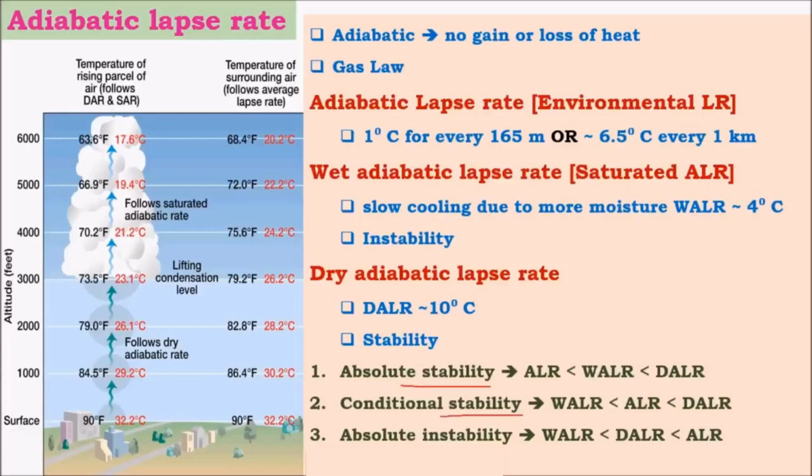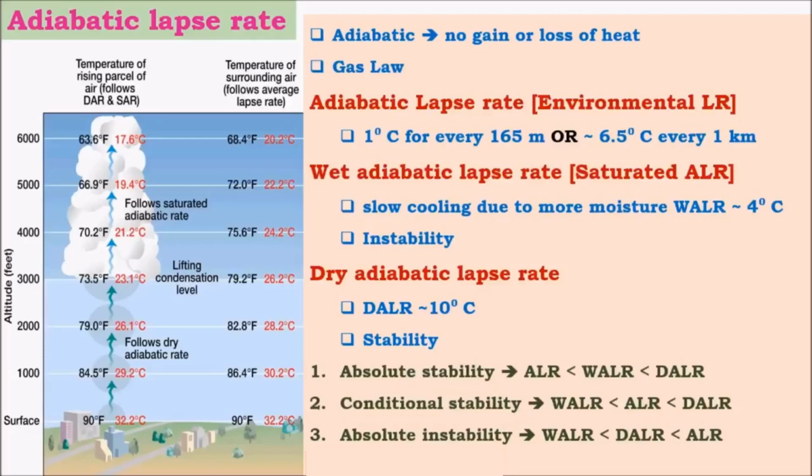When we come to conditional stability, here the adiabatic lapse rate lies between the dry adiabatic lapse rate and the wet adiabatic lapse rate. It simply means that there is a certain amount of moisture in the air which is very close to that in the normal condition, and hence the situation is that it may be stable or it may get unstable, but it is still uncertain, hence we take it as conditional stability.